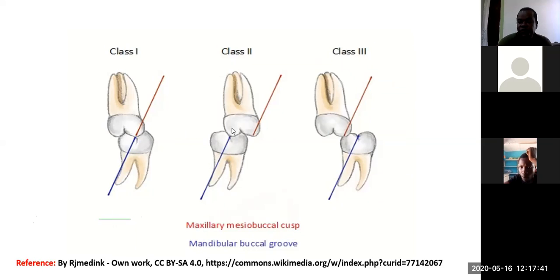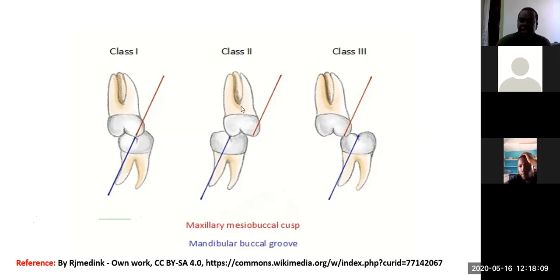In other words, the mesiobuccal cusp of the maxillary first molar is biting anterior to the groove of the mandibular first molar.